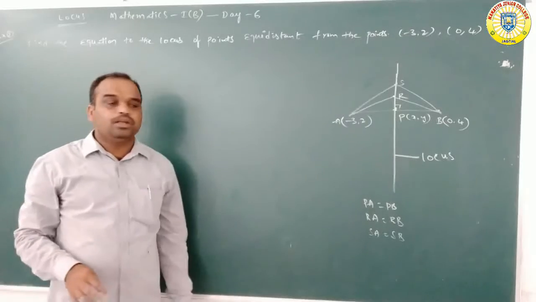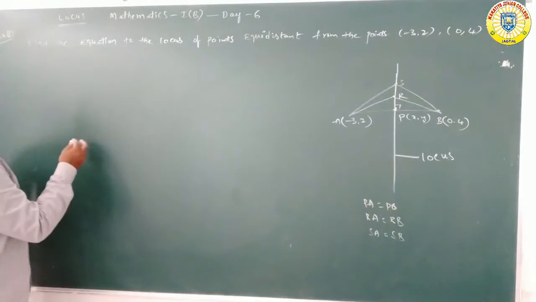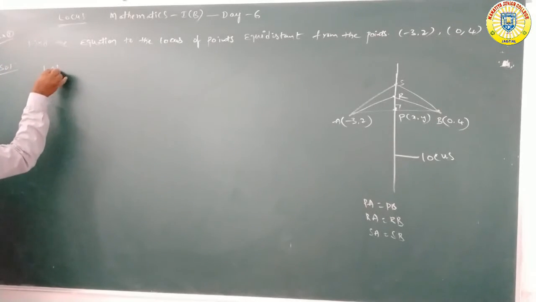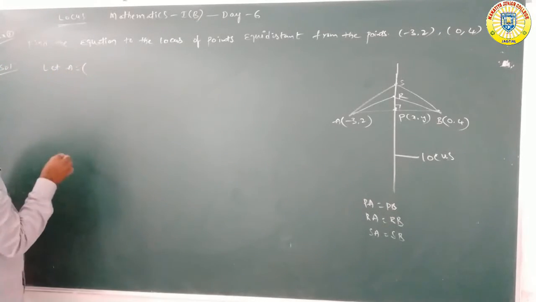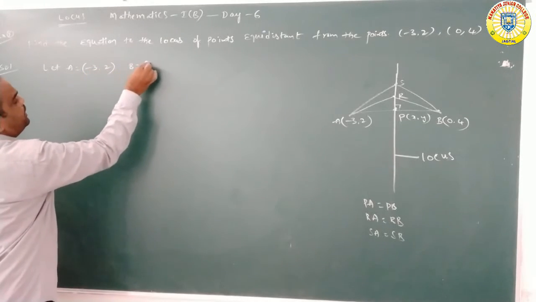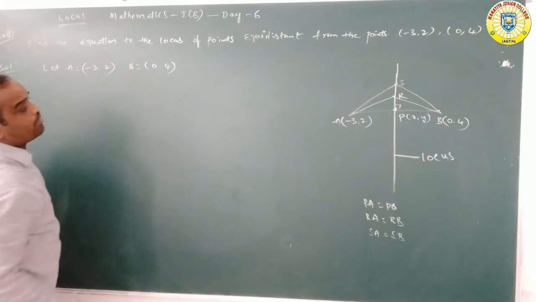So see here, what are the two given points? Solution: Let A be minus 3 comma 2 and B be 0 comma 4.